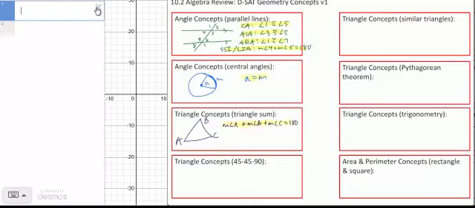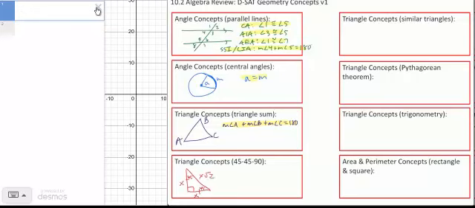You also have the relationship of 45, 45, 90 and 30, 60, 90 triangles. This is a 45, 45, 90 triangle, an isosceles right triangle, meaning that these are 45-degree angles. The pattern for this is x, x, x root 2.